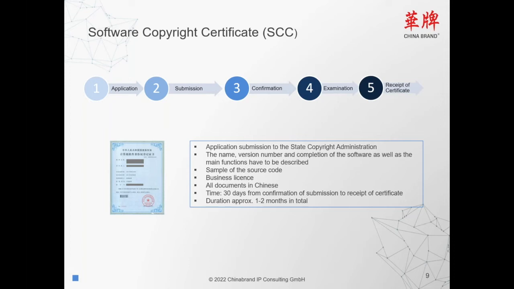All documents must be submitted in Chinese, and the time for the whole process is roughly 30 days from the confirmation of submission to receipt of the certificate, depending on how efficient the responsible bureau and the provinces are. So the overall duration, if you take into account the preparation of the documents, will be about 1 to 2 months.